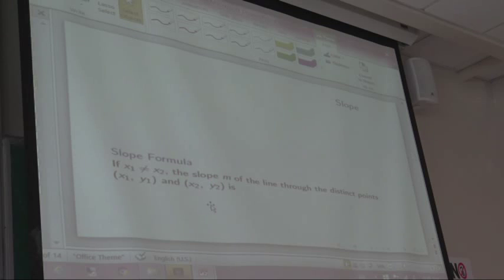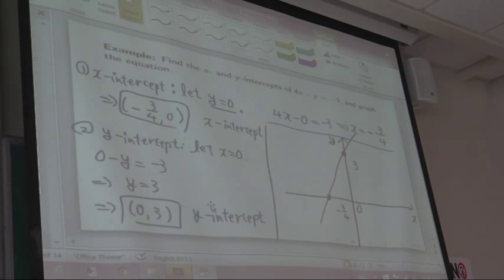Let's resume the class. So the next thing is we're going to find the slope. So why do we need the slope? Let's look at the following. The linear equation or the straight line looks simple, but we need to know some properties. One of the properties is the x-intercept and y-intercept. When the straight line intersects with the x-axis or y-axis, we have to know that.